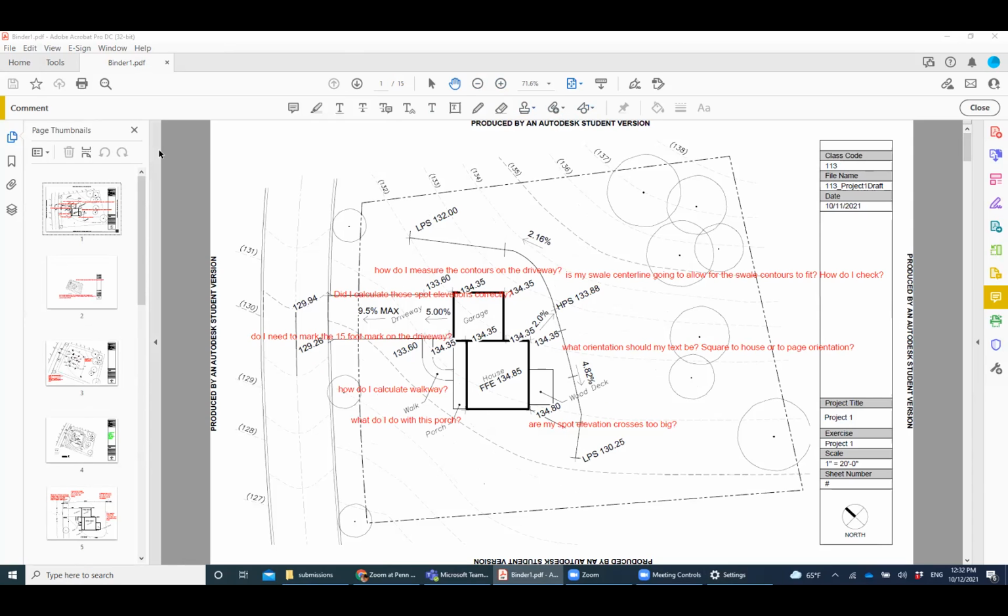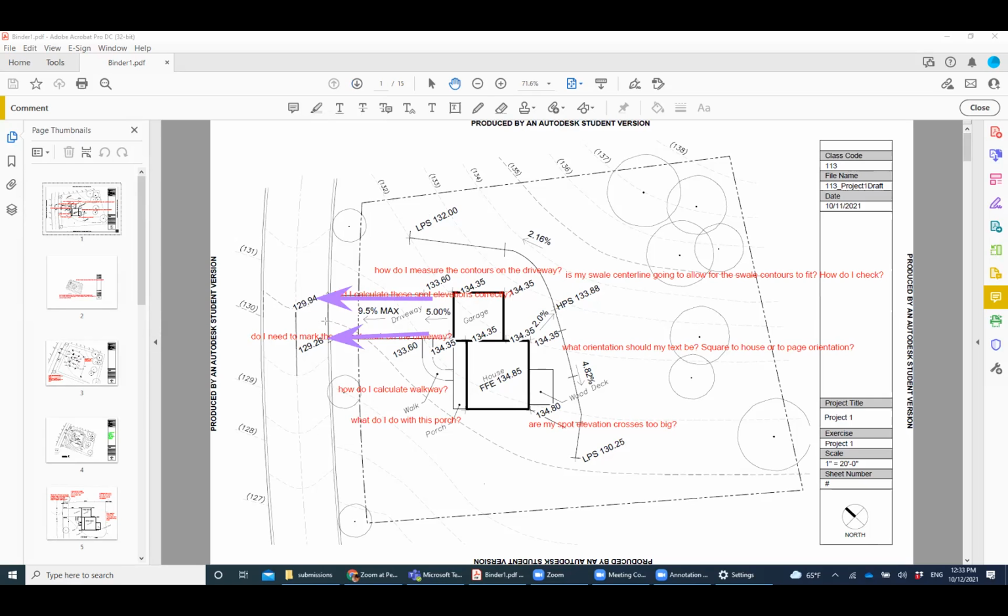Okay, so how do I measure the contours on the driveway? Now you have your spots of 129.94 and 26 at the end of the driveway. And you have actually two different slopes: one along this line and another slope along this line.